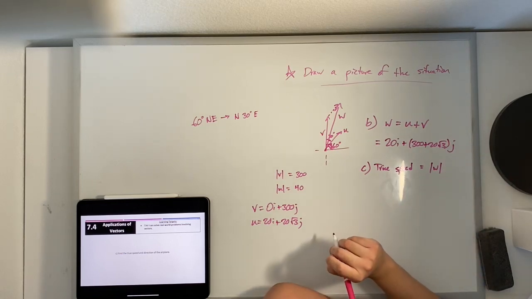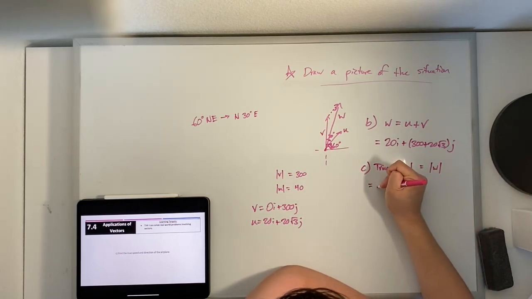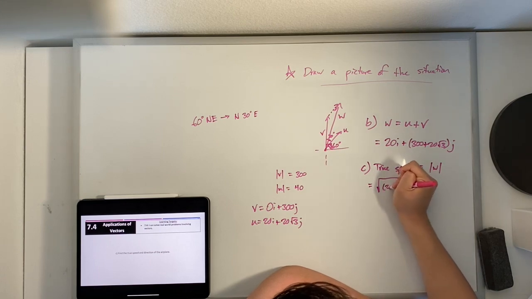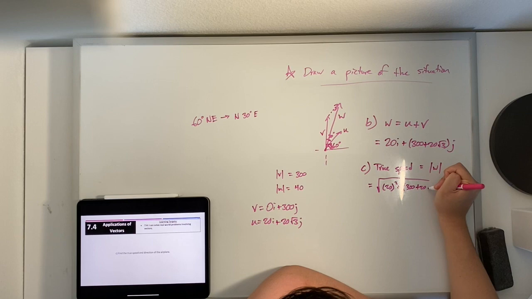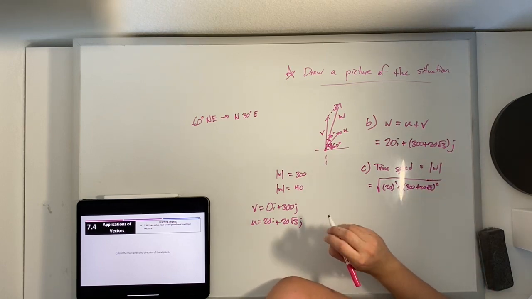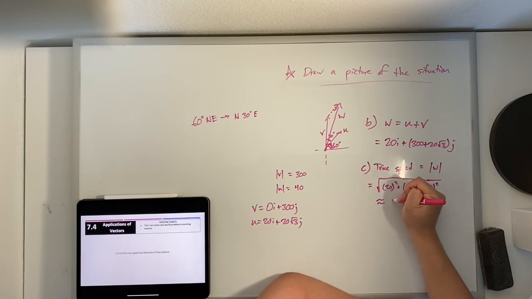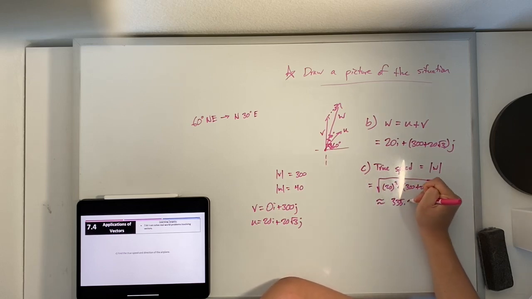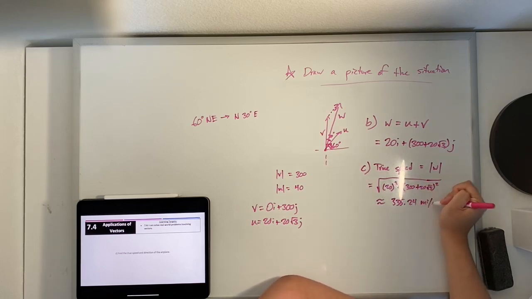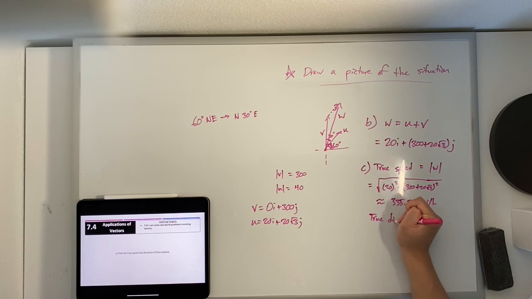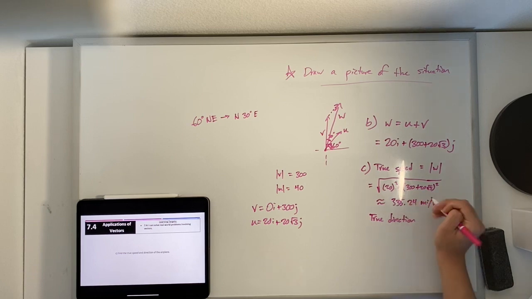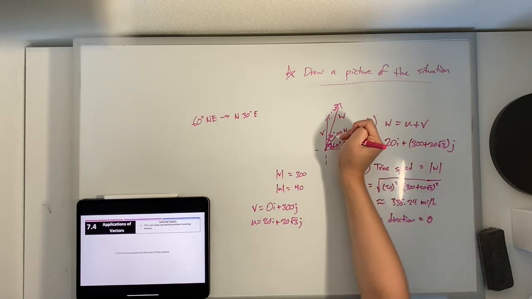How do we find magnitude? Square root of a squared plus b squared. And we plug all of that into a calculator and we get approximately 335.24 miles per hour. True direction, well, that's theta.